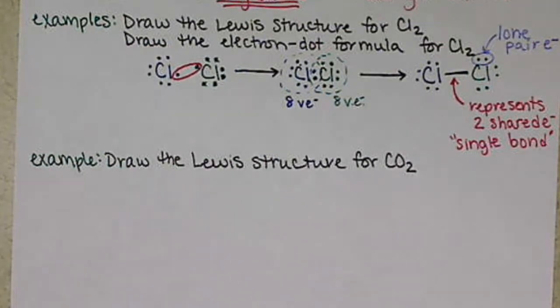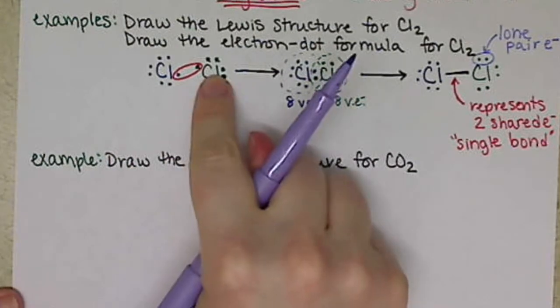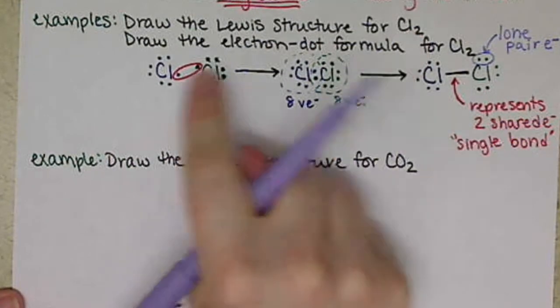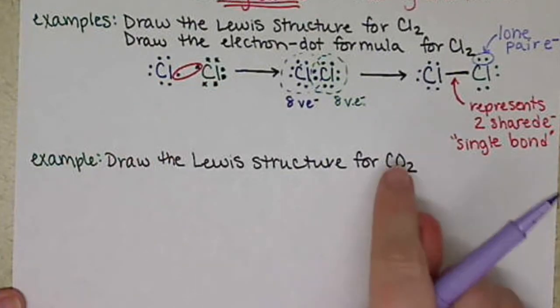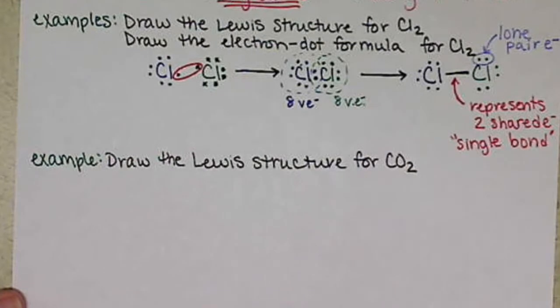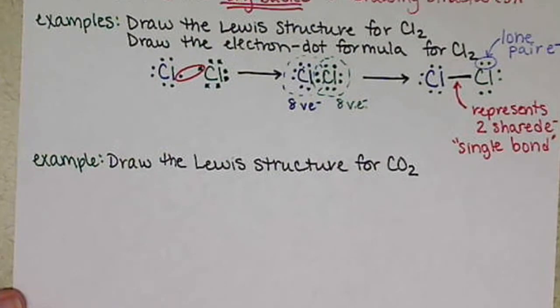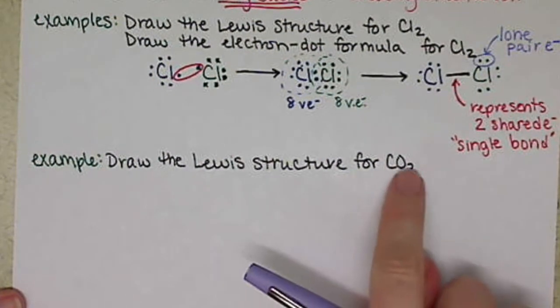So we have to figure out how we want to arrange our atoms. In the previous example, it was easy. We only had two, so obviously they went side by side. There's no other real option for us. Now that we have two different atoms going on, and actually three total atoms, we have some options.